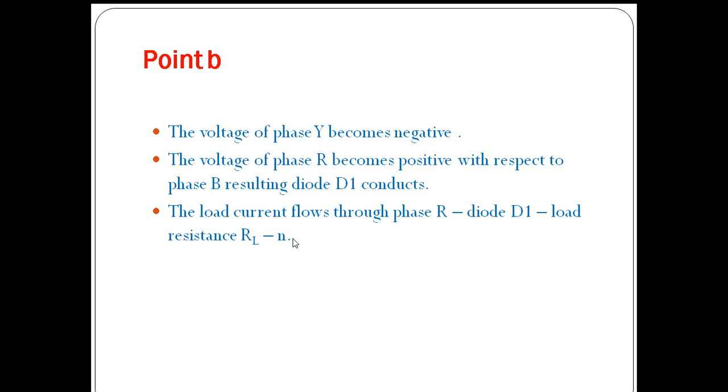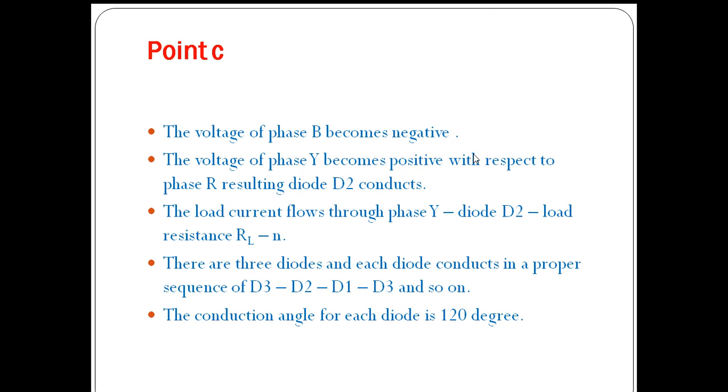At point C, the voltage of phase B becomes negative, the voltage of phase Y becomes positive with respect to phase R, resulting in diode D2 conduction. The load current flows through phase Y, diode D2, and load resistance RL to the neutral point.